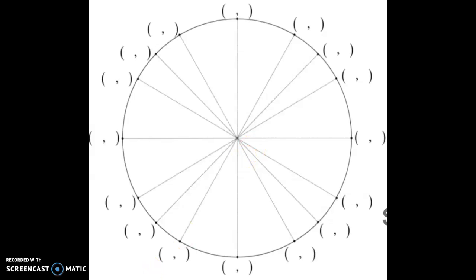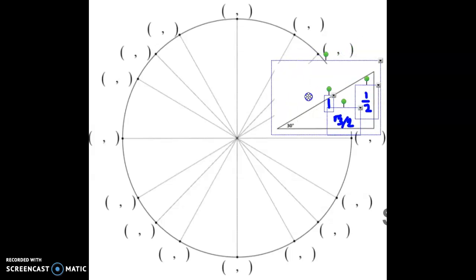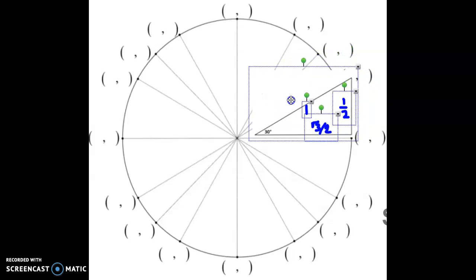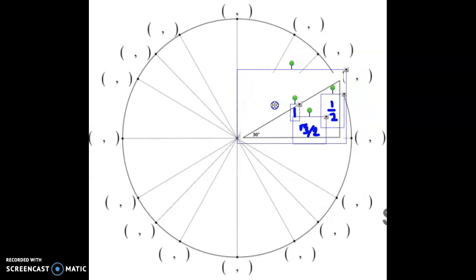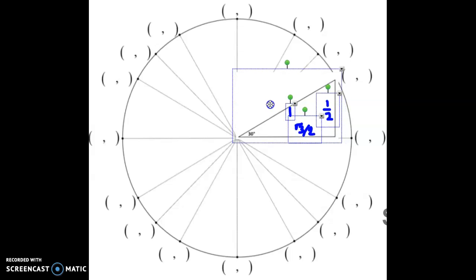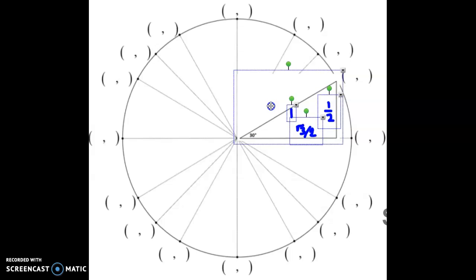Now I'm just going to show you how to use these triangles, and then you can use them on your unit circle. I won't be dragging them in every time. Say you have the 30 triangle. If you line it up so the bottom line is on the positive x and the terminal side is right there, this point would be on the unit circle because the radius is 1.